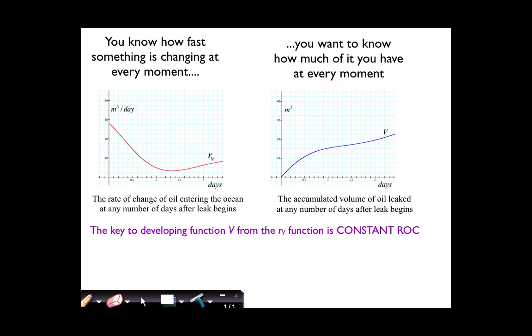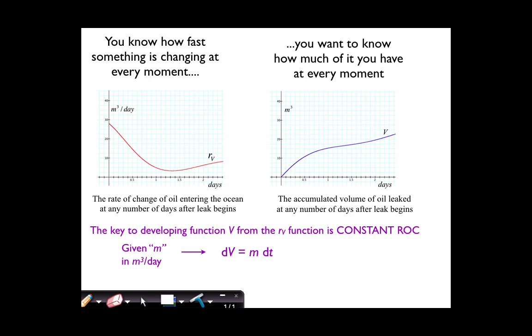So there's going to be several steps that we're going to need to do in order to get an estimate. And then we'll talk about how we can make an estimate that's better. But if I know m, a rate in cubic meters per day, based on a rate function, then I can use this dV equals m dt.